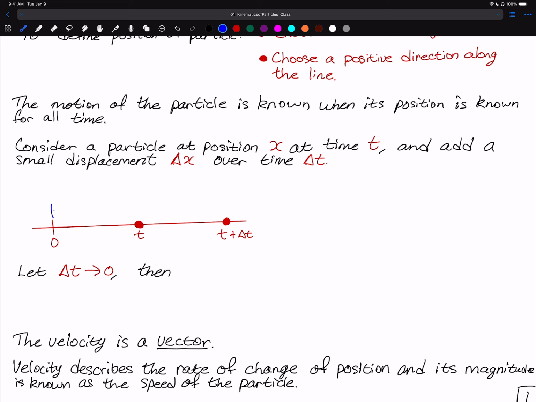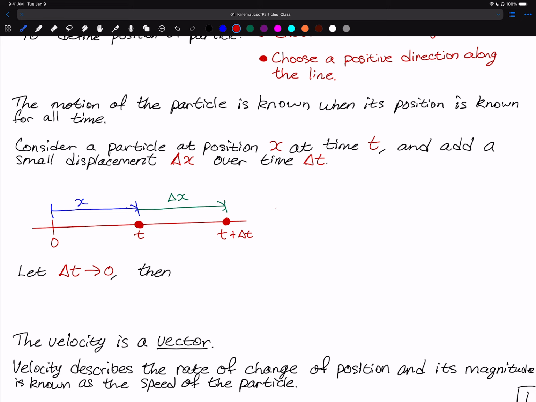From our origin, we're going to measure the position of the particle at t. We said that's x. And then at a later time, it will have moved delta x. Okay, so then here we can define an average velocity.